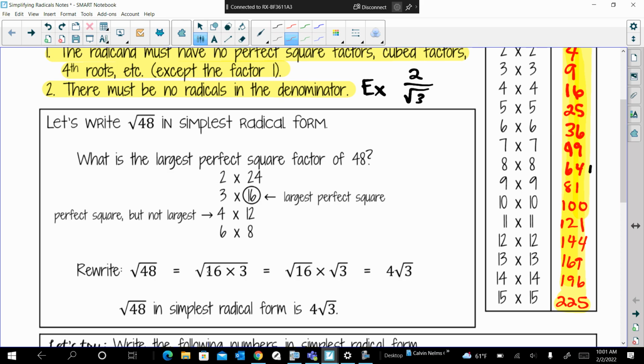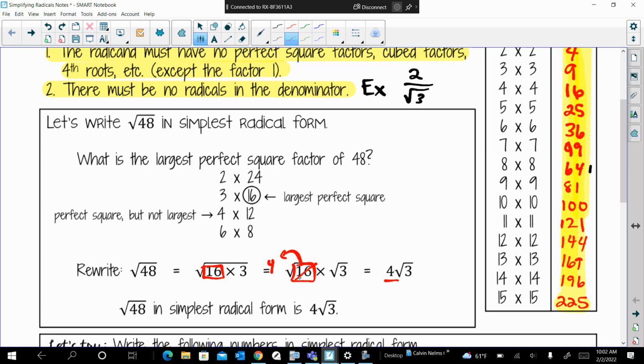And what I tend to do is square the number that is the perfect square, because that number is going to get simplified. Because the square root of 16 is the number 4, and the square root comes out of the radical and will be in front of the symbol.